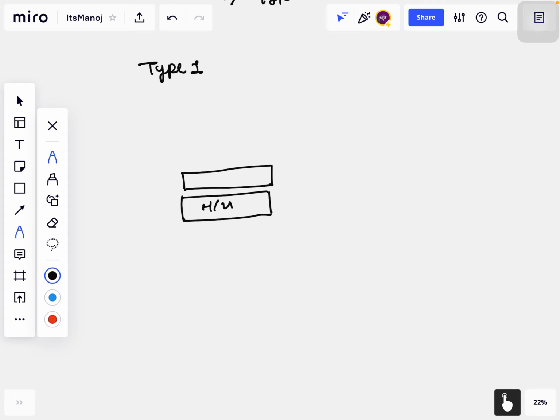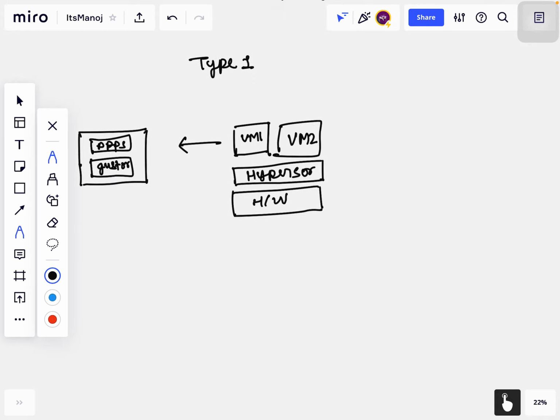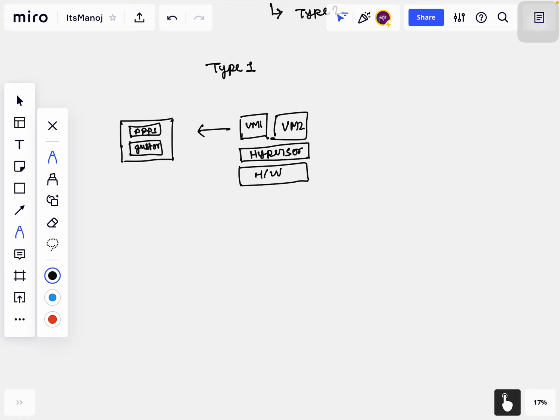You have your hardware component, you have your hypervisor installed over it, and you have your VMs, VM1 and VM2. In VM1 we have two things: the guest OS and the apps. This type of configuration is known as a type 1 hypervisor, where there is no OS involved. Our hypervisor is directly installed over the hardware.